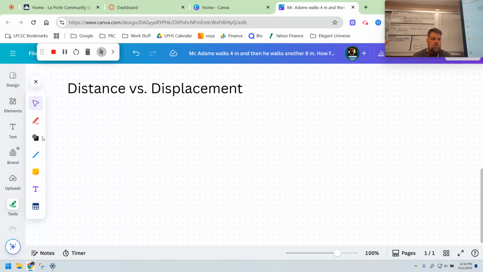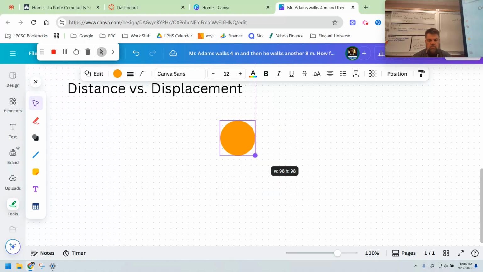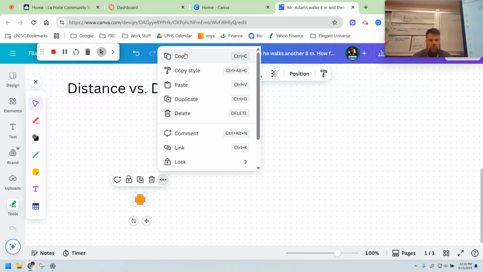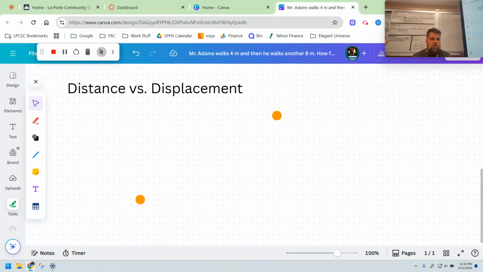So I'm going to draw two little things here. I'm going to draw one little... So this is going to be my start and my finish.